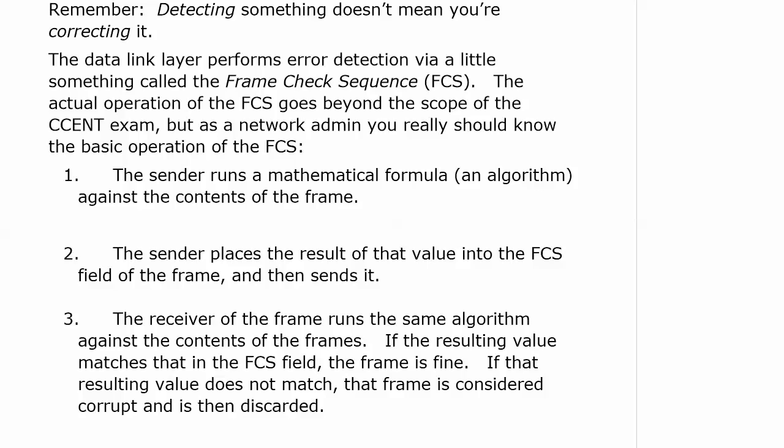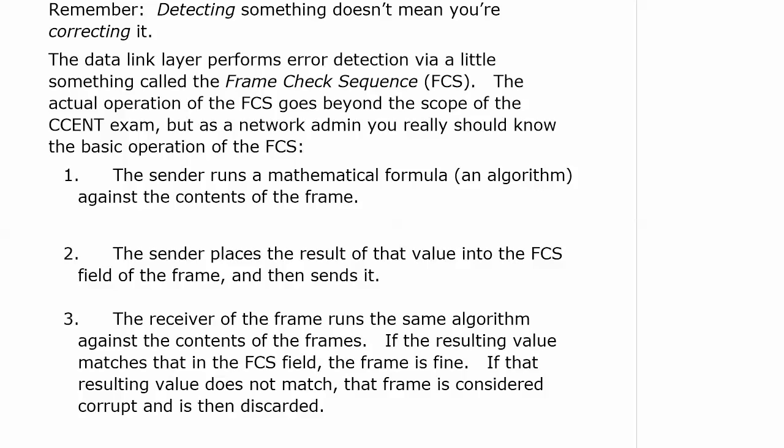The first one is where the sender of the frame runs a mathematical formula and algorithm against the contents of the frame. Secondly, the sender will place the result of that value into the FCS field of the frame and then sends it. There's a little frame check sequence reserve spot. Sender puts that value right in there, sends the frame.